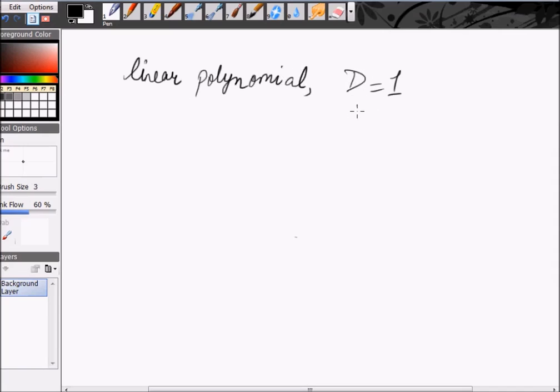Now, if the degree is 1, then the maximum power of x is 1. That is, in general, we can have a coefficient a and a constant term b along with it.